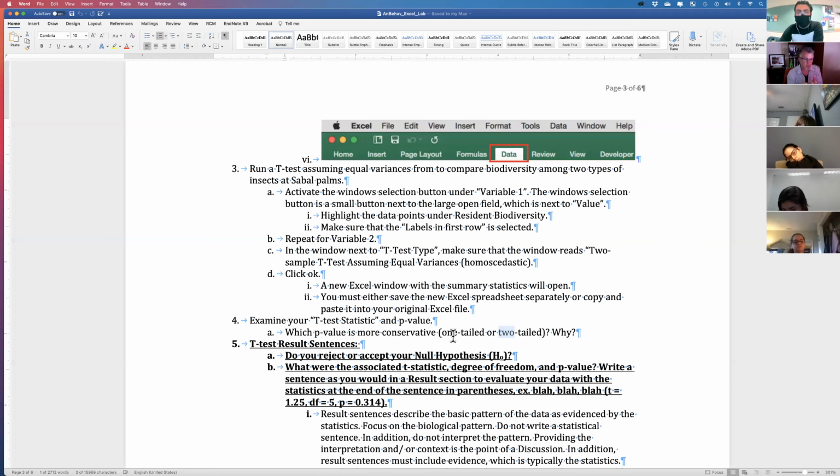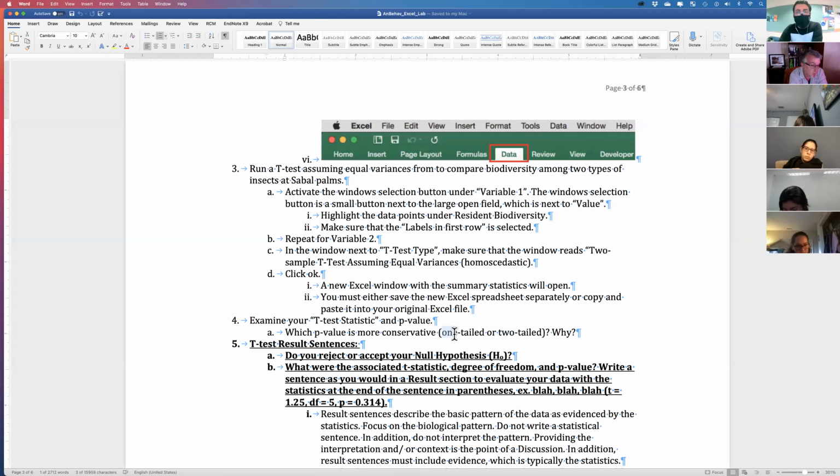That's one alternative. And a second alternative, transients have higher biodiversity than residents. There are two different ways of looking at that difference. With a two-tailed p-value, you consider both of those ways. With a one-tailed p-value, you only look at one of those ways.